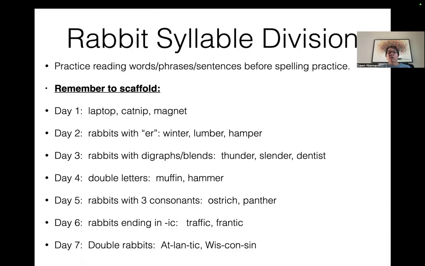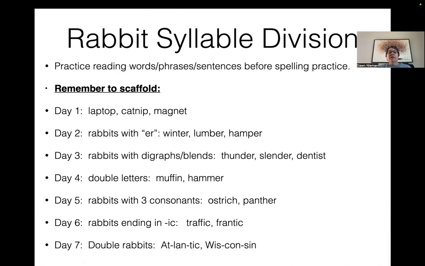That's true in one syllable words or at the end of the first syllable. Well, if you hear ick at the end of two syllables or more, ick is always spelled IC. So there are a lot of those traffic, frantic kind of words with that ick, and I don't want you to spell it with a CK.